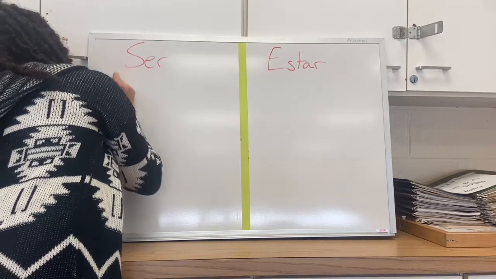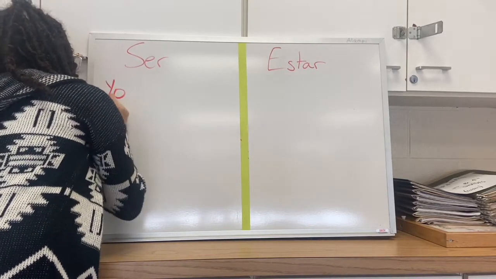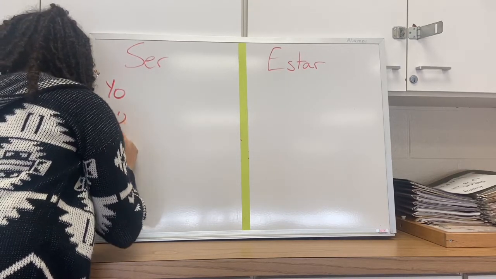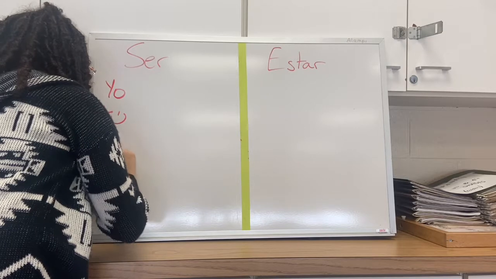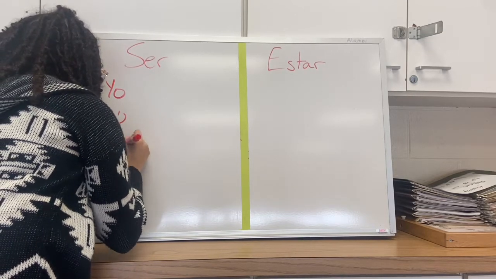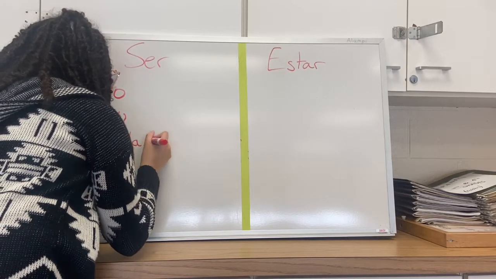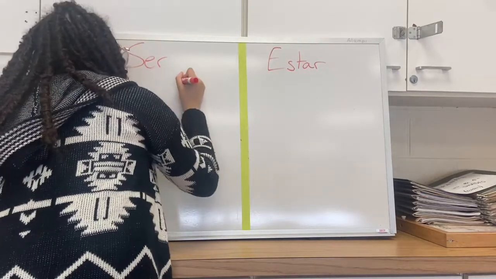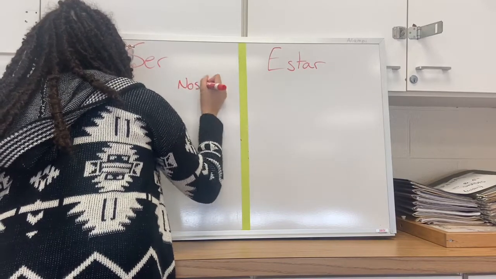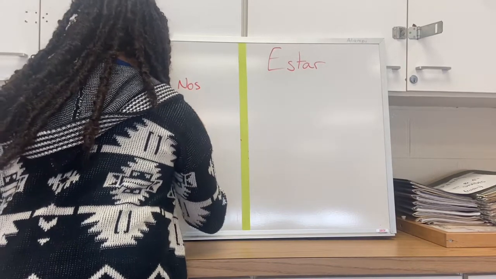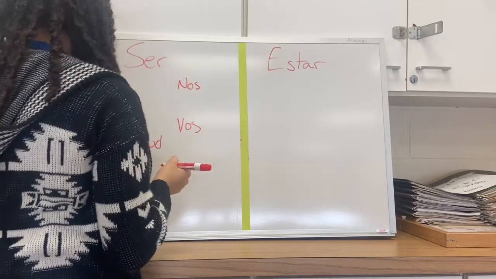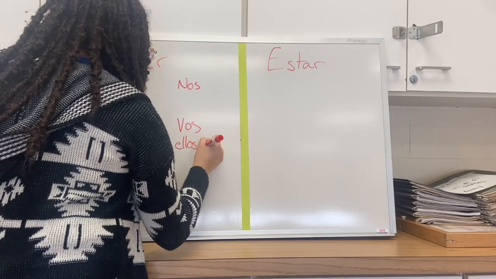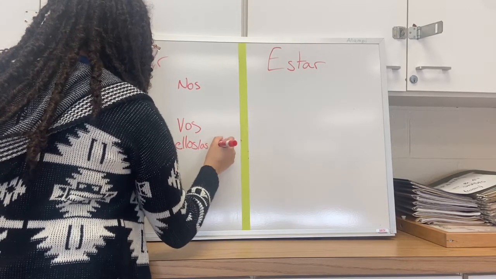So we have the yo form, we have the tú form, él, ella, or usted form. We also have the nosotros, the vosotros, and then the ellos, ellas, or the ustedes.